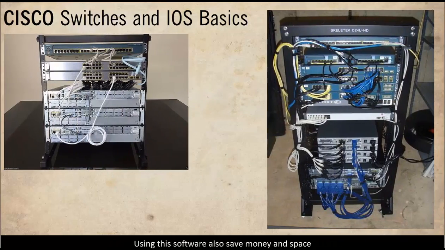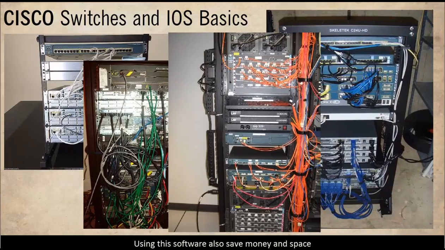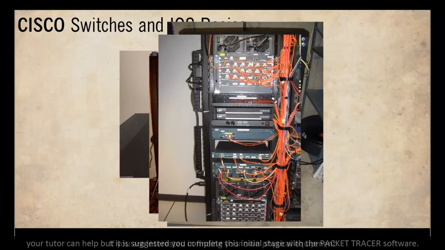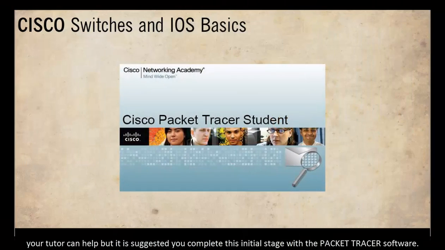Using this software package also saves money and space as labs become more advanced and demand more equipment. If you are interested in finding your own physical equipment, your tutor can help, but we suggest you complete the initial stage with the Packet Tracer software.